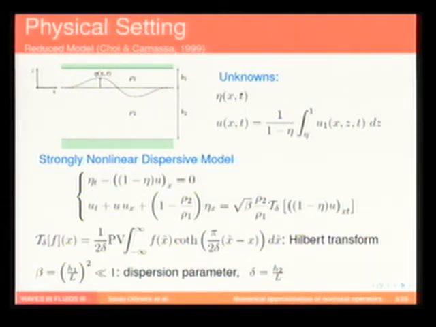And the key elements in this equation for us will be this Hilbert transform on the strip of width H2 over L, so the depth of the lower layer divided by the wavelength, and also this dispersion parameter beta, which is related to the thickness of the upper layer.